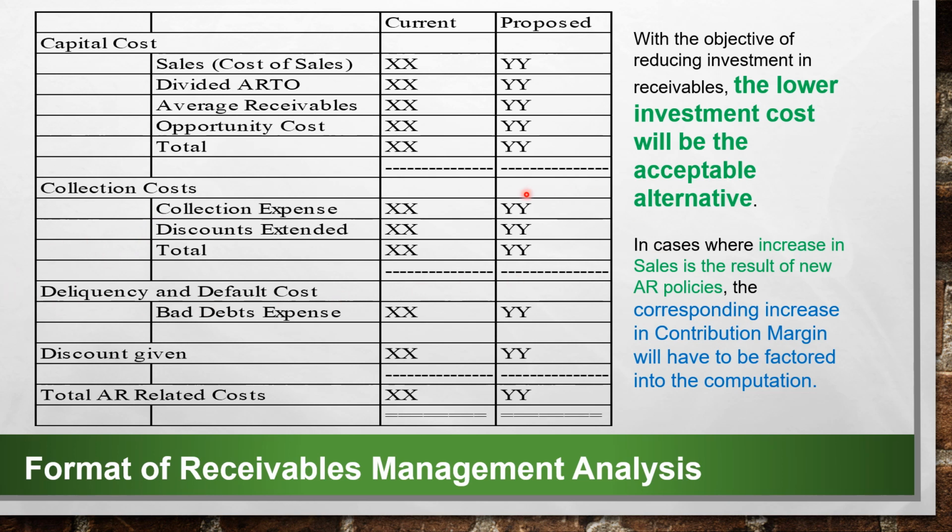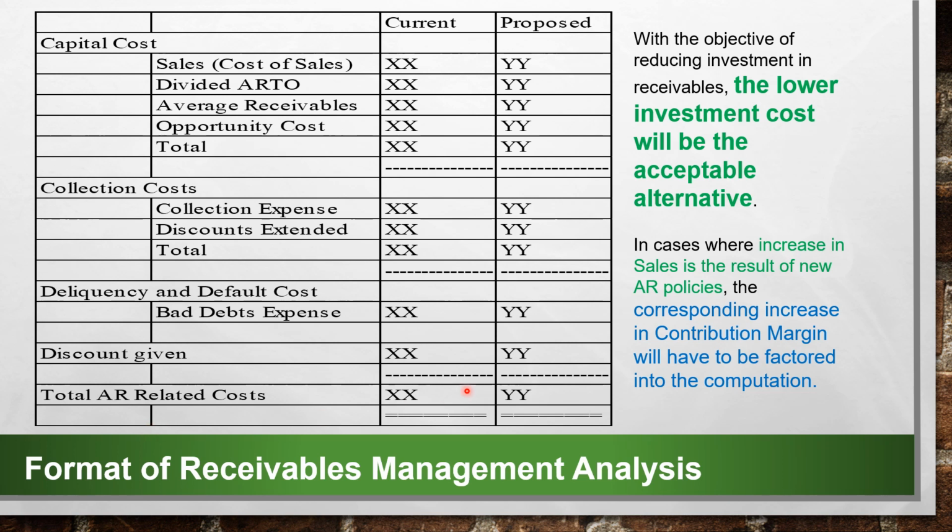For our collection cost, we simply plug in our collection expense and our discounts extended. For delinquency and default cost, we have to consider the bad debts expense. And for discounts given, we get the discounts that we extended to customers. So we add them all. That is the total accounts receivable related costs.